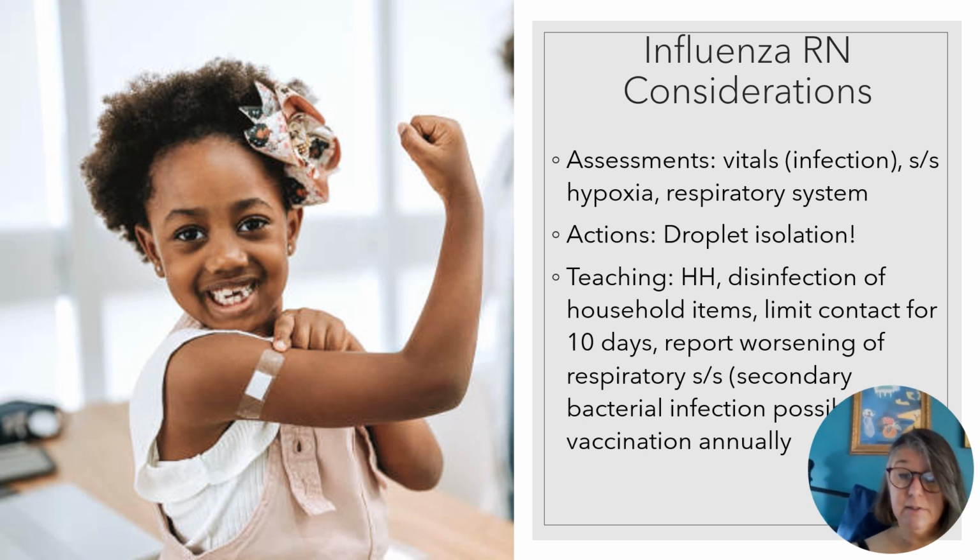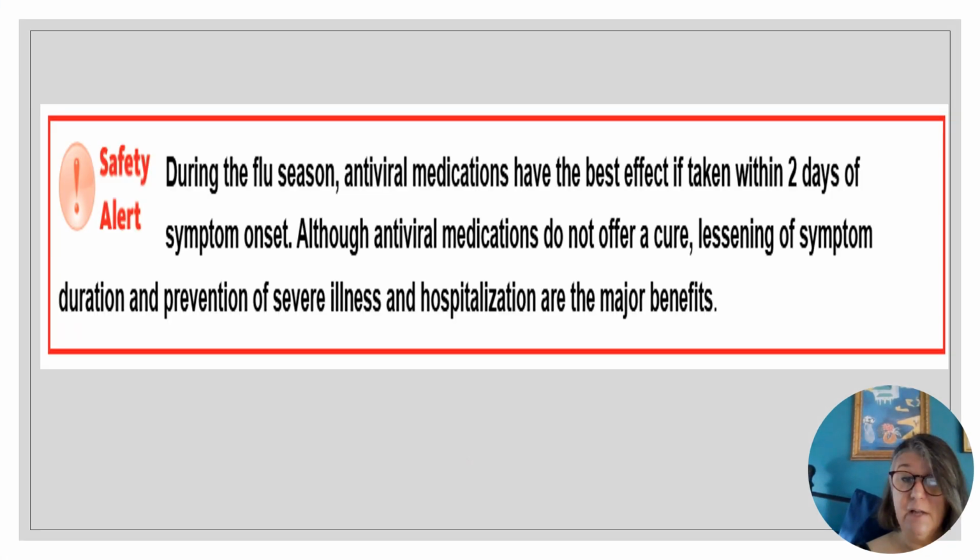So get your masks on your people. Our teaching is going to be related to hand hygiene, disinfection of household items. Again, with the fomites, I touch it, then I contract it. Limit contact for 10 days. Report worsening respiratory symptoms, because again, that can be a secondary bacterial infection. And then we want to encourage people to get their vaccine.